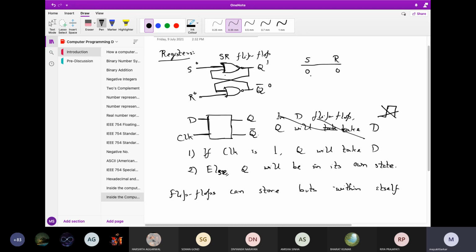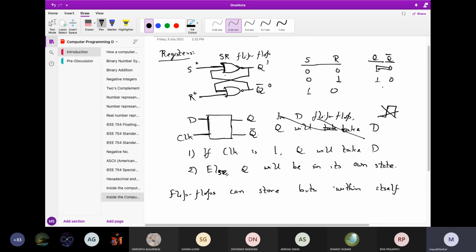And just what I was saying here, if it is 0 1, as you can see, it is 1, so Q bar will be 0. And if Q bar is 0, you can be rest assured Q will be 1. Because 0 will go here, 0 and 0, and eventually 1, sorry, 1 0.